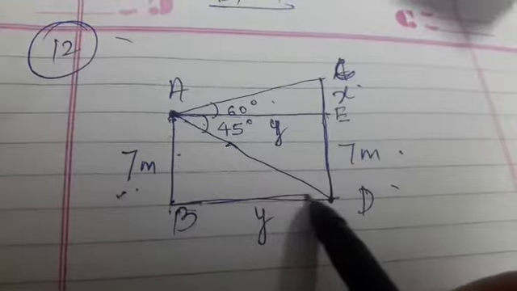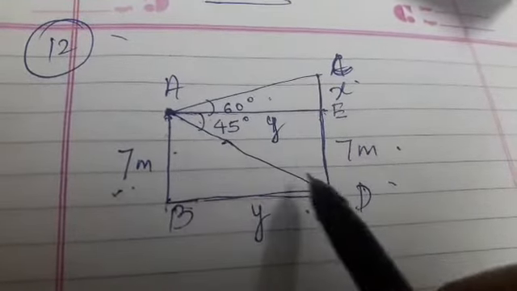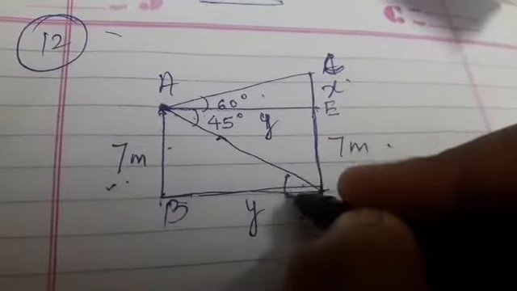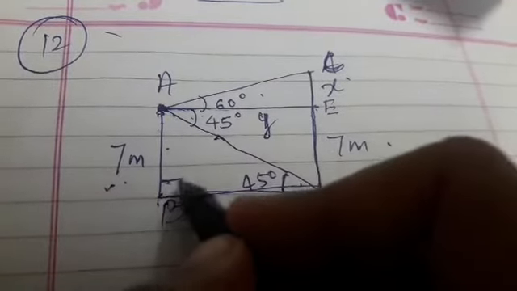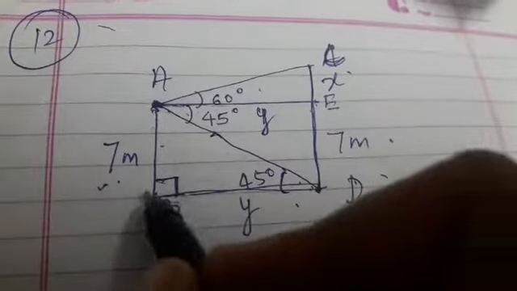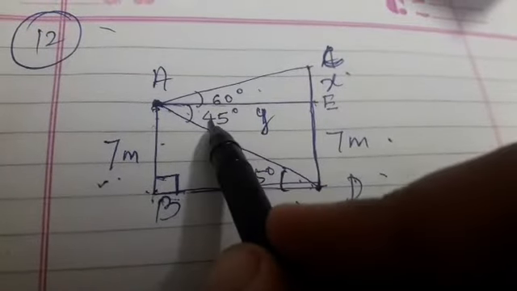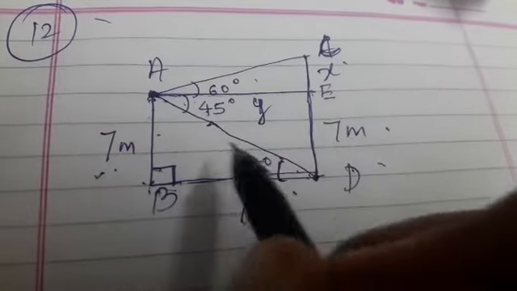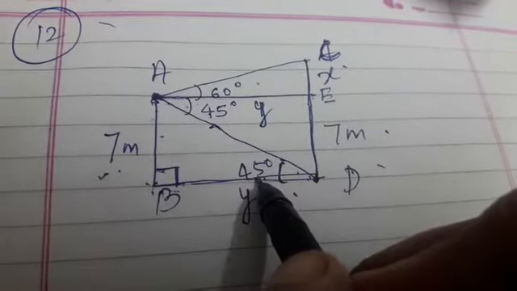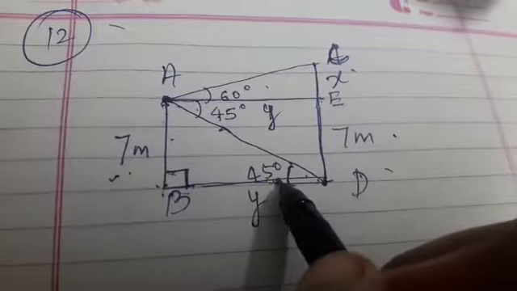These are alternate interior angles, so this angle also will be 45 degree, because to find the value of X and Y we need a right angle triangle and we need an angle which is 45, so the same angle will be 45 here also. And I told you the reason is alternate interior angles are equal as these lines are parallel.